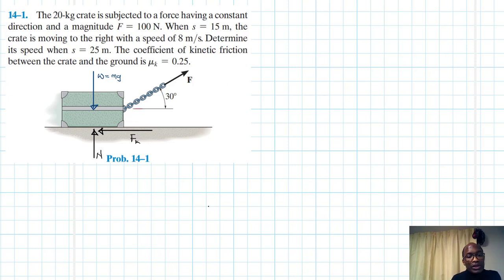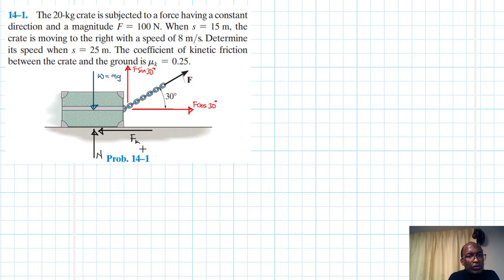Then we'll have two components of the force: one in this direction, F sine 30, and another in that direction, F cos 30.